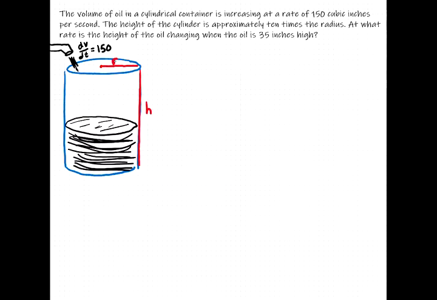At what rate is the height of the oil changing when the oil is 35 inches high, or 35 inches deep? At what rate is the height of the oil changing? Okay, so that's telling us to find dh/dt when h equals 35.